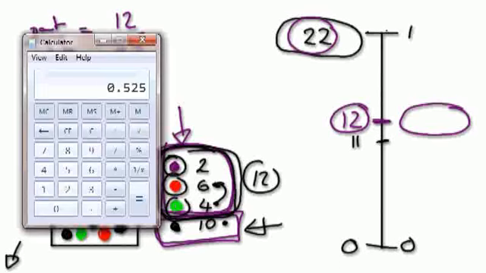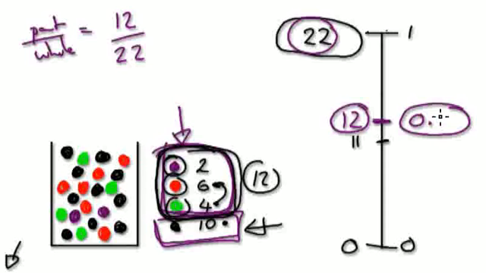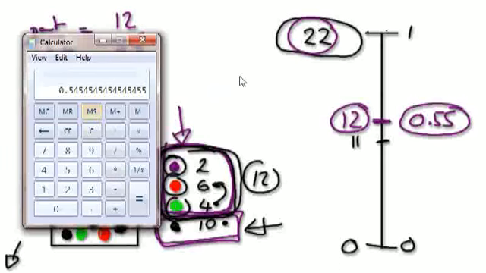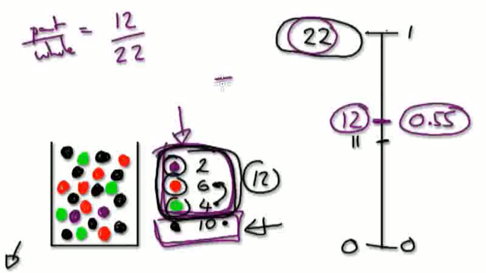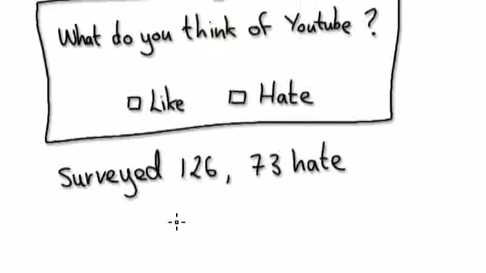Okay, so on our calculator, it would be 12 divided by 22, equals 0.55. Let me double check. Yeah, 0.55. So you could say 55% are coloured, or 55% are not black. Okay. All right, the next question here.